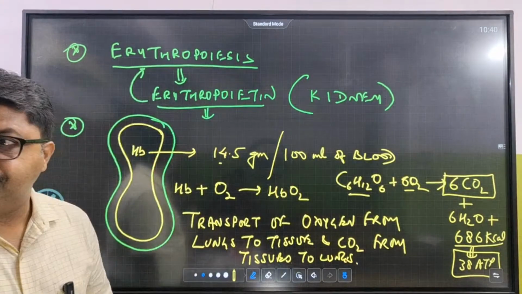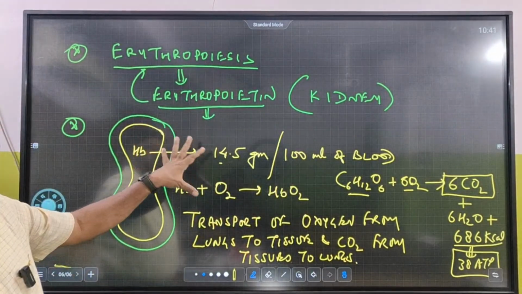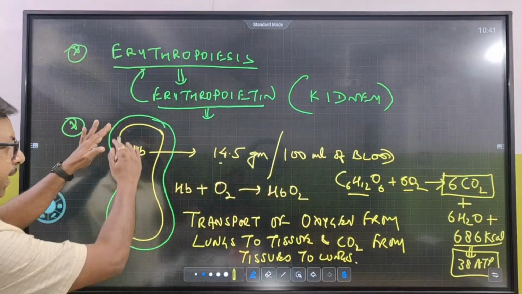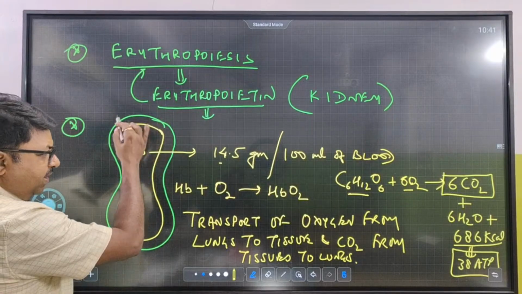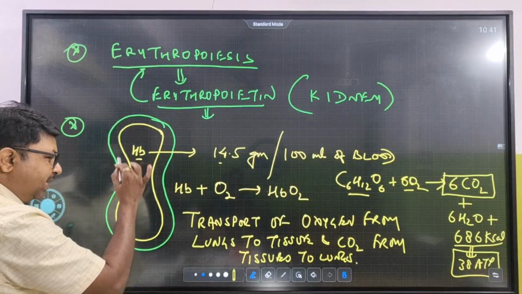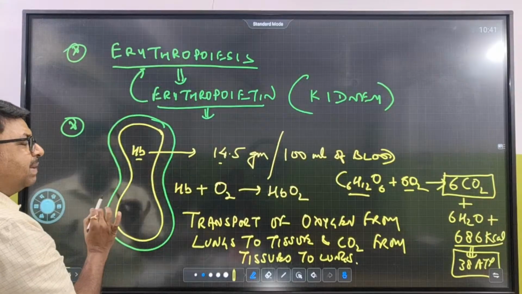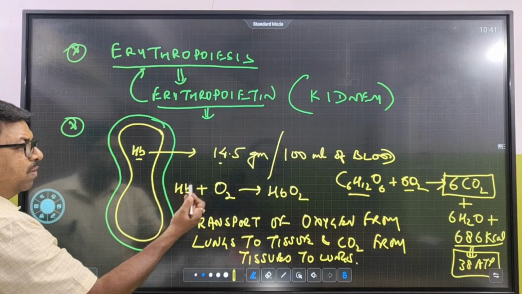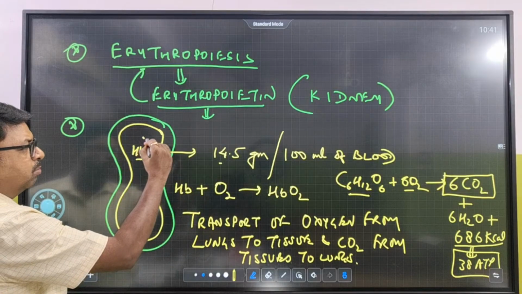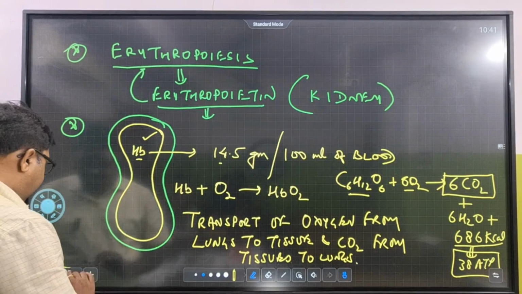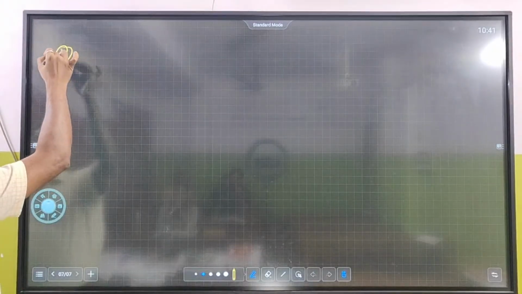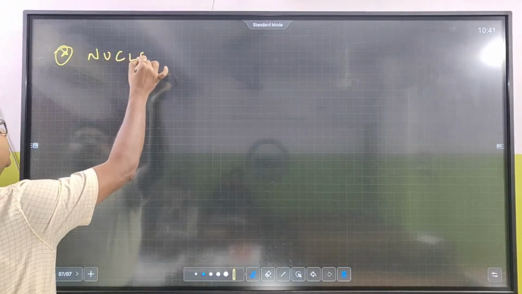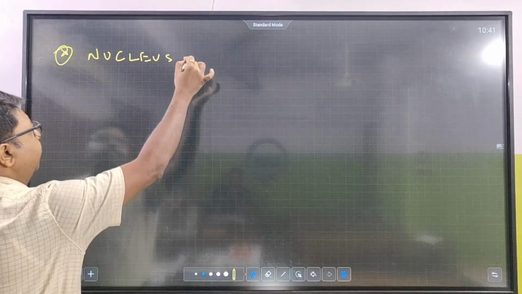Any issues about that? So this is the basic idea. When the hemoglobin is present hugely inside the RBC, why is the nucleus not there? To pave the way for hemoglobin to be present over there. Along with the nucleus, what else are the RBC missing?